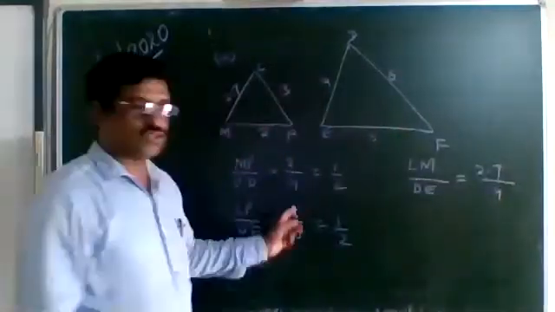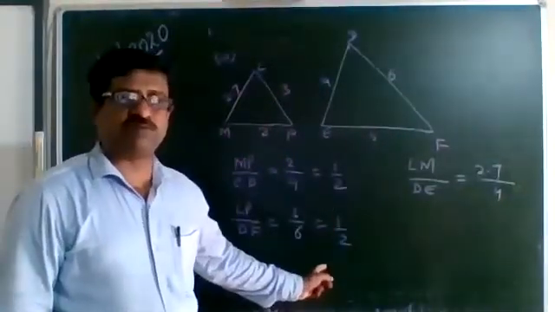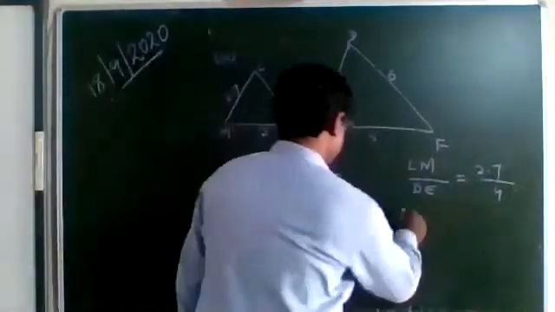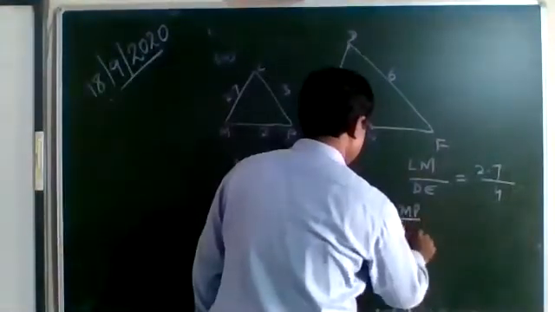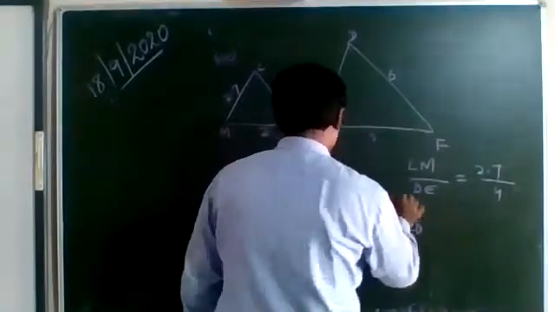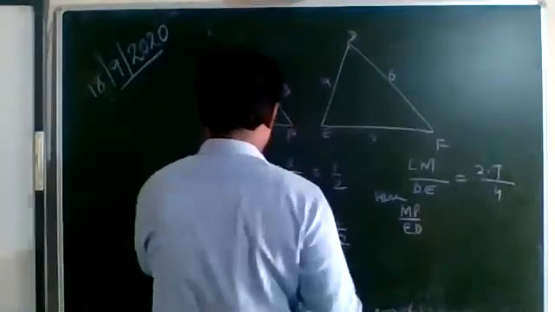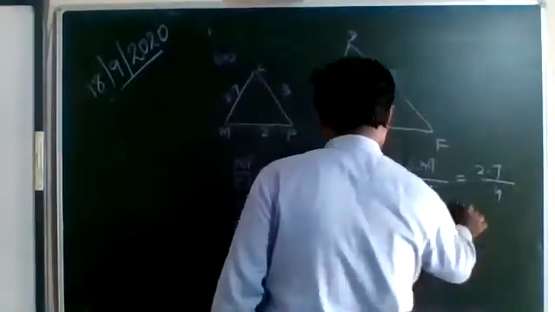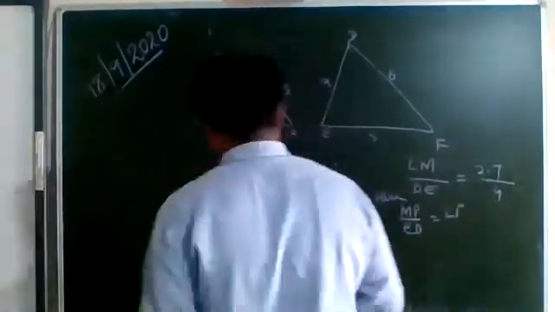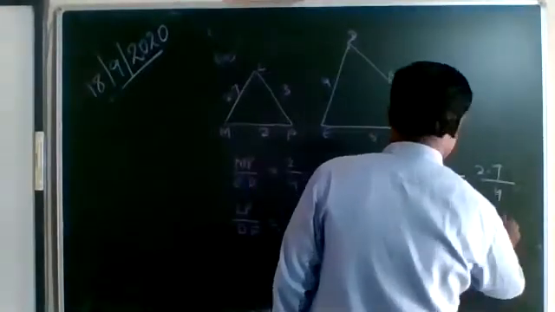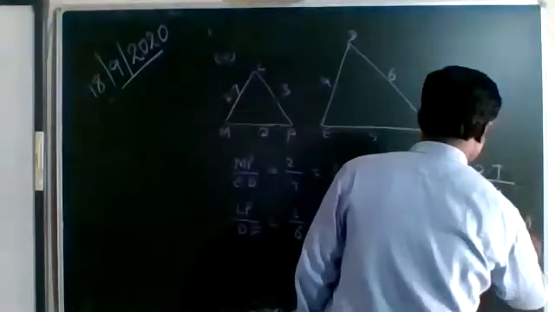You observe that these two ratios are equal, 1/2, but here the ratio is not equal. LP upon DF we are getting equal, but it is not equal to LM upon DE.